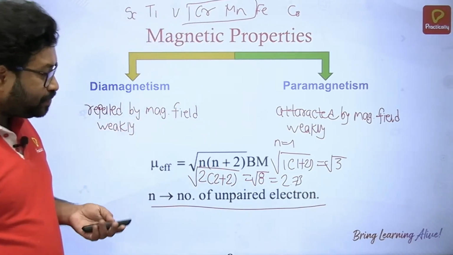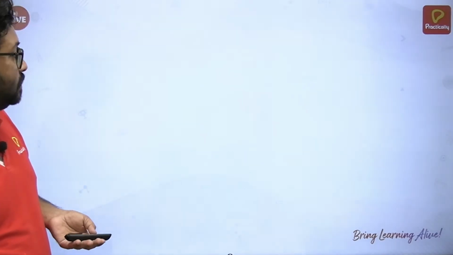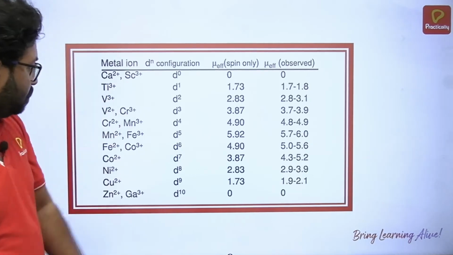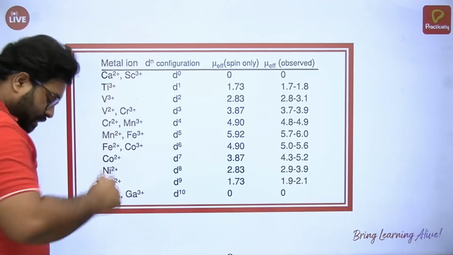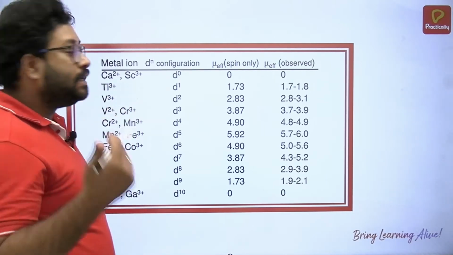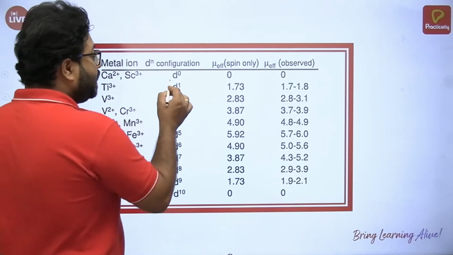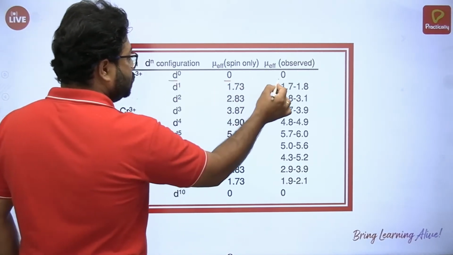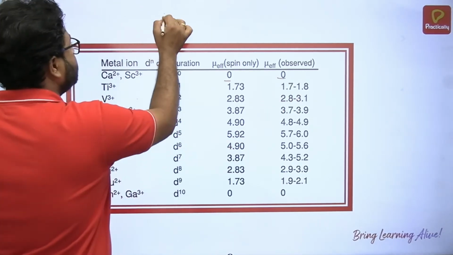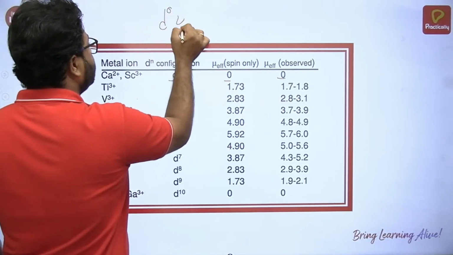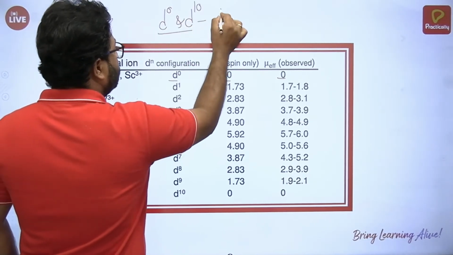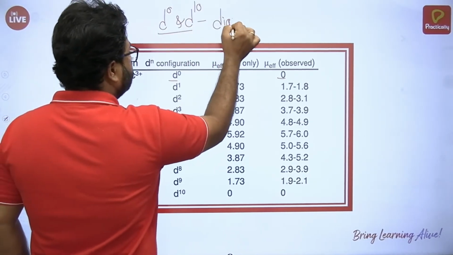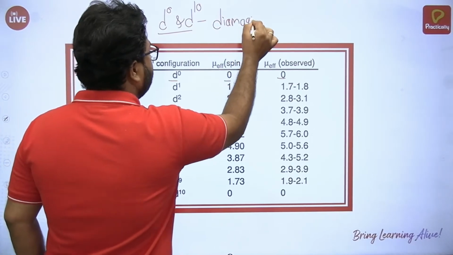So let's see the next chart. Look here, the picture is quite clear. Calcium 2+ and scandium 3+ basically do not have any unpaired electrons. So 0, 0. Basically d0 and d10 systems are diamagnetic because you do not have any unpaired electron there.